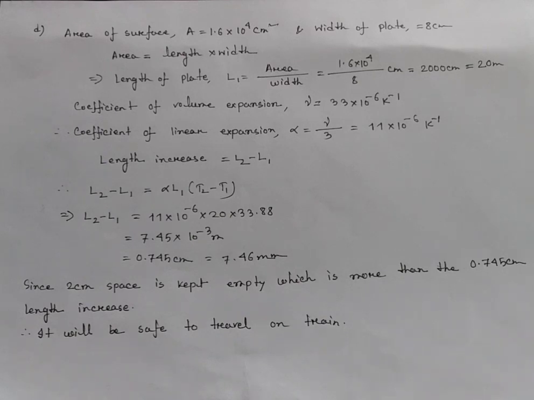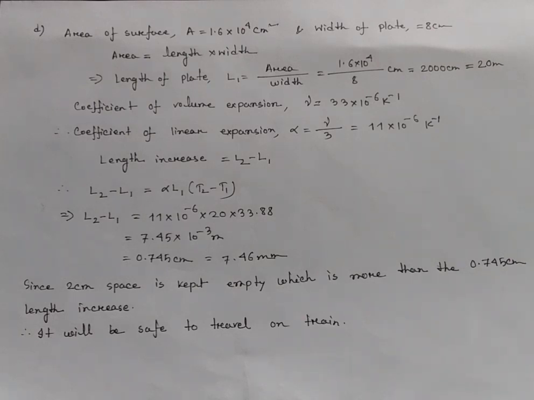We can convert the answer into centimeter, or we can convert the width into meter. Here we are converting the projected answer into centimeter, and that will be 0.745 centimeter, or 7.45 millimeter. We just need the value in centimeter, that is 0.745 centimeter.